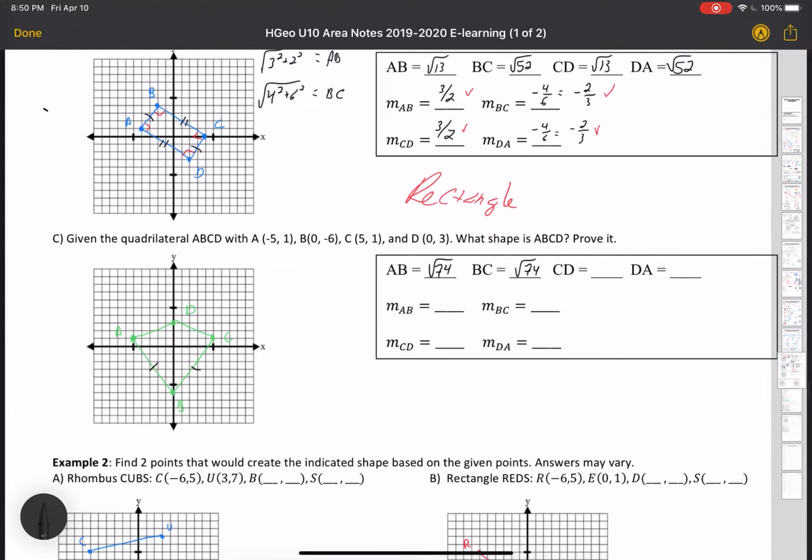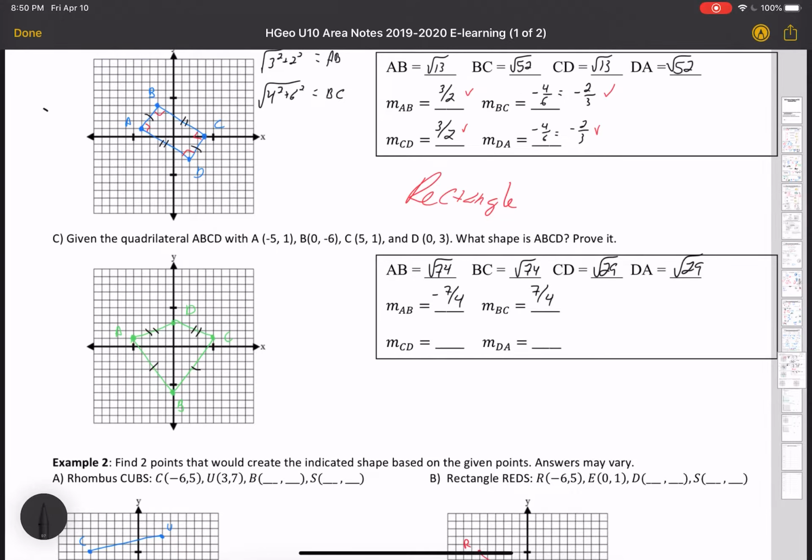Which means that those side lengths are congruent. Now AD is up 2 over 1, 2, 3, 4, 5. So CD and DA, because it's the same, those are going to both be square root of 29 as well. Now we look at their slopes. Slope of AB is down 7 to the right 4, so that's negative 7/4. BC is up 7 to the right 4.